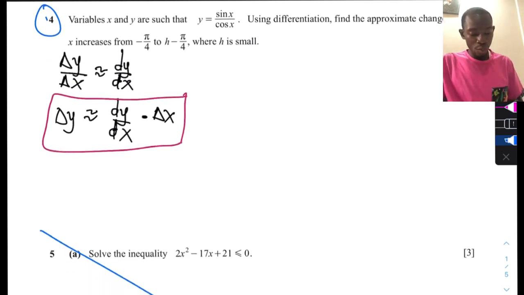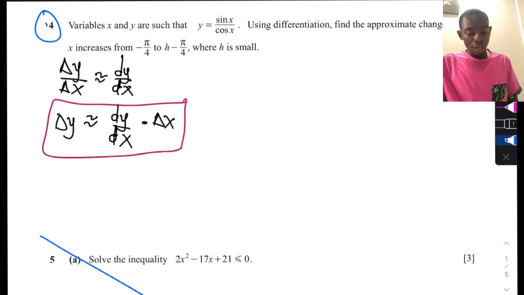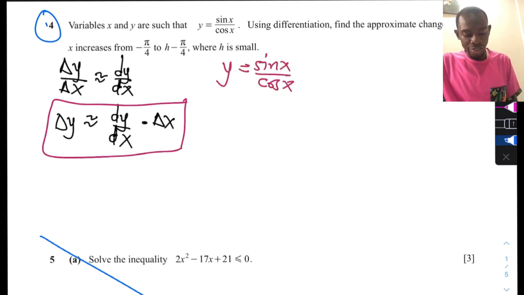So let's start with this particular question. Now, if you look at what we have, it means that we need to differentiate y with respect to x, and also we need to look for the small change in x. But let's start with the differentiation. So we have sine x over cos x, so this is a quotient.